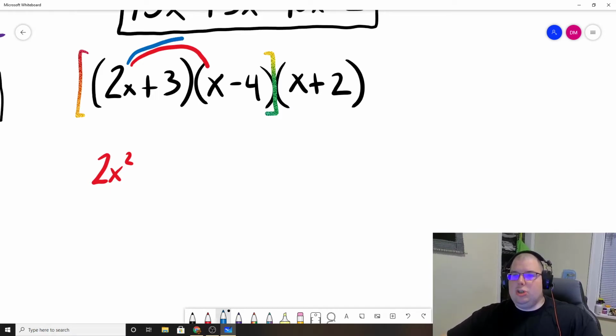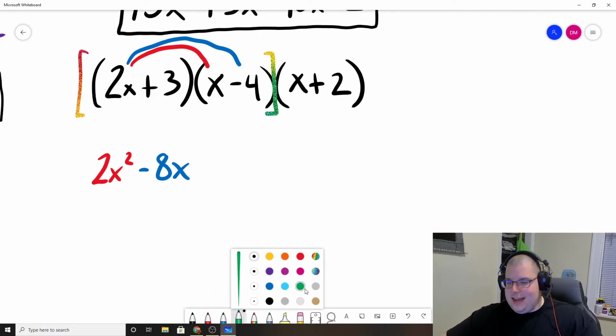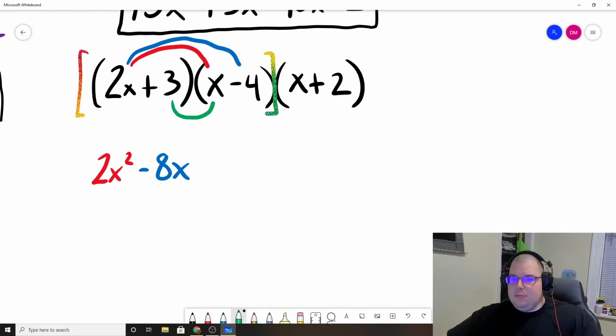So we're going to do 2x times negative 4, which is negative 8x. Then we move on to the I for insides. So the inside two pieces are going to be 3 times x, which is a positive 3x.